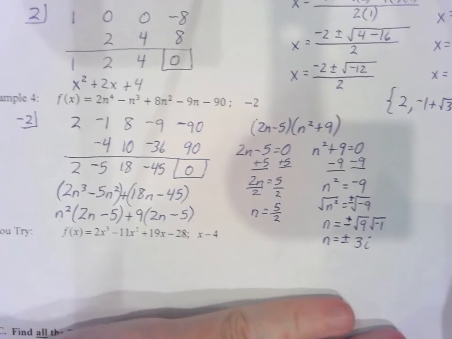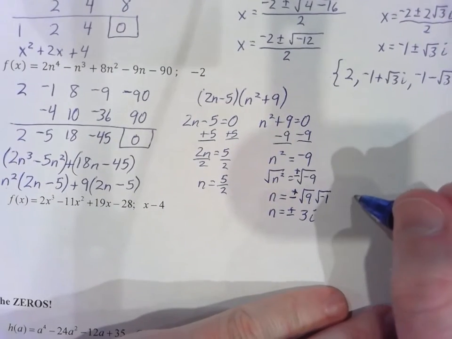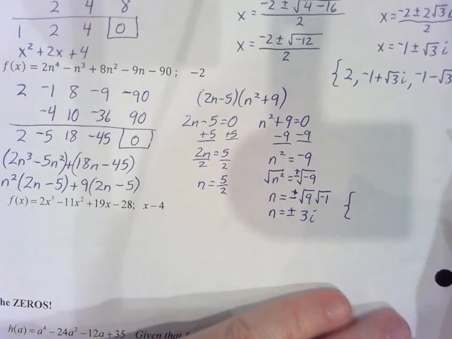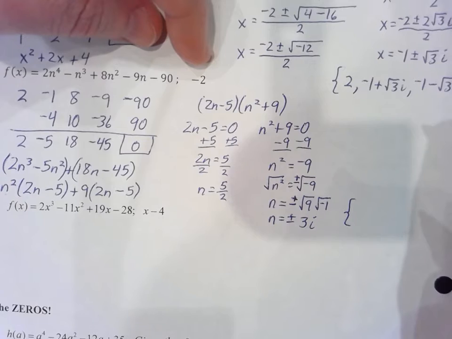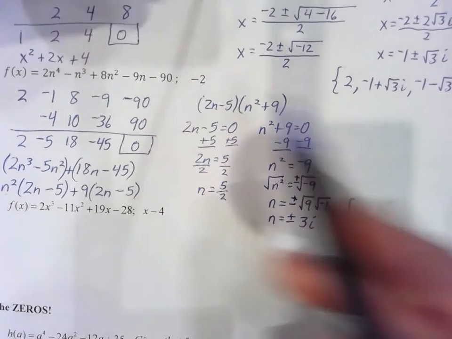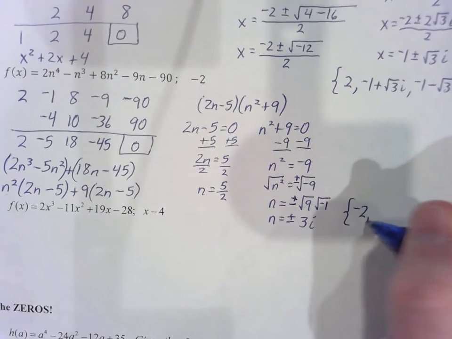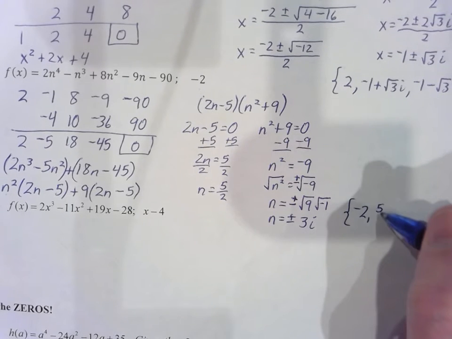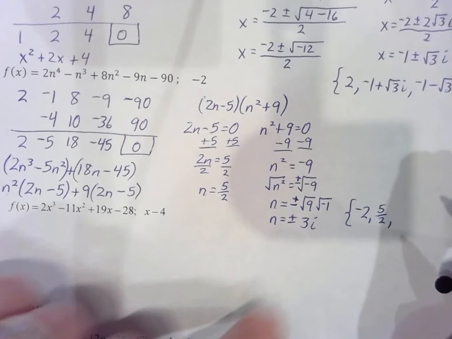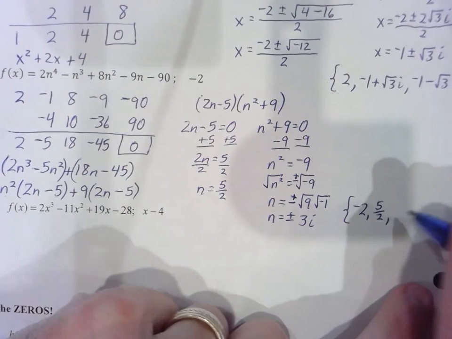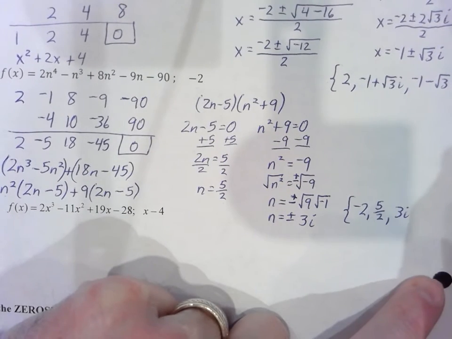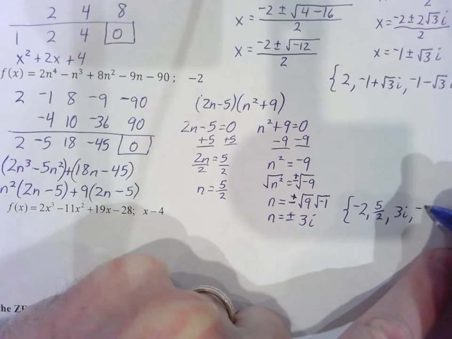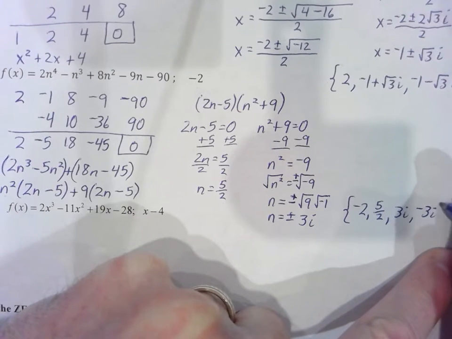So as we go to list the zeros as our final answer, we were given negative 2 as one of our zeros. We found 5/2 is one of our zeros. And now we found that positive 3i is a zero and negative 3i is another zero.